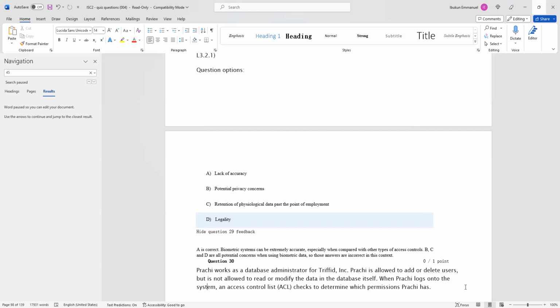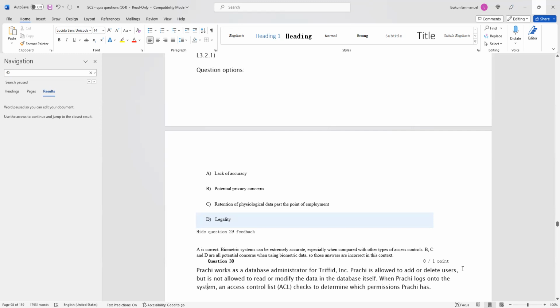Potential privacy concerns are genuine concerns. People are concerned about retina scans. Retention of physiological data past the point of employment, yes, people may be concerned that their data is being retained longer than necessary, breaching regulations.